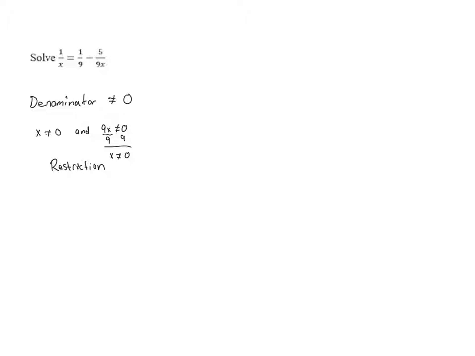Let's go through this problem and try and solve it and see whether or not the solution fits the restrictions that we have. I'm going to rewrite the equation over here. 1 over x equals 1/9 minus 5 over 9x. Just like any equation that has fractions in it that we're trying to solve, we want to start by multiplying both sides by the LCD.